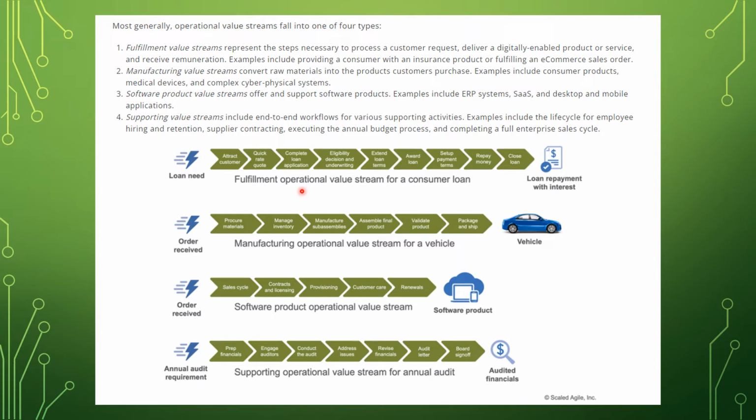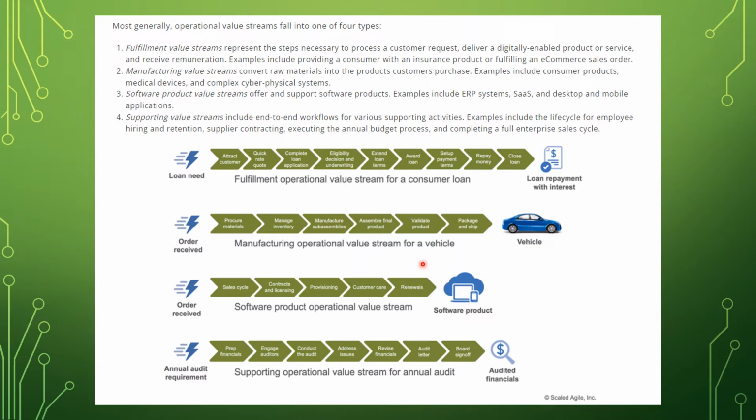Here we are talking about the operational value stream for a consumer loan. The moment a customer puts in a loan request, and finally the customer gets the disbursement, it's called fulfilling that customer loan.